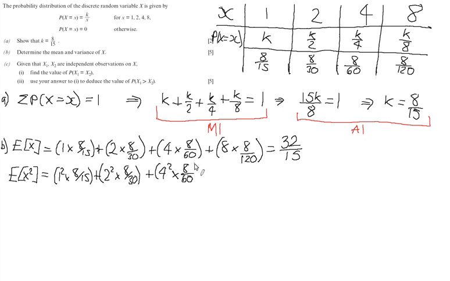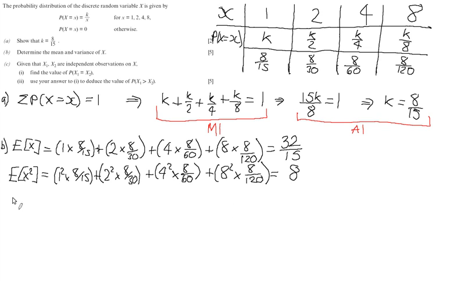Sorry, my pen is just a bit jolty there. And 8 squared times 8 over 120. If I work this through on my calculator, what we now get as an answer is 8.